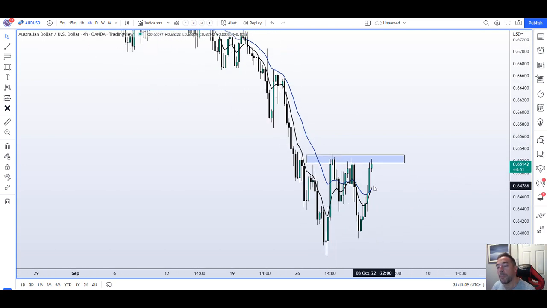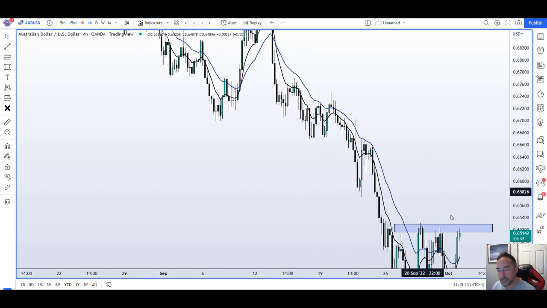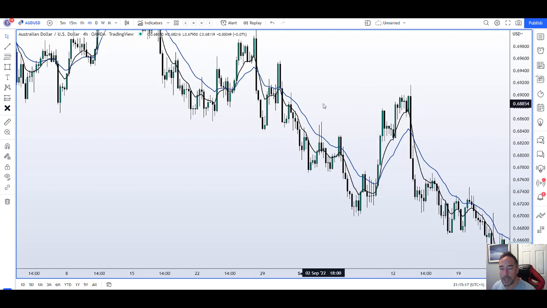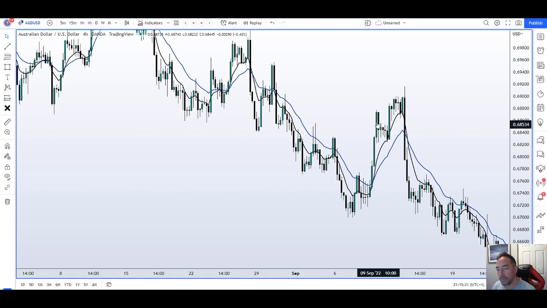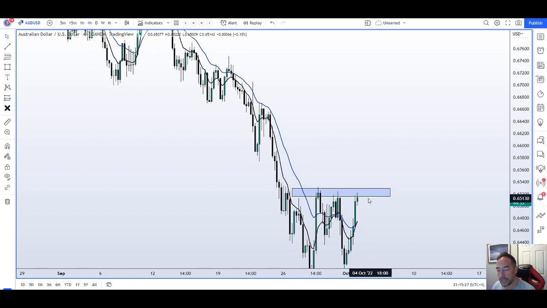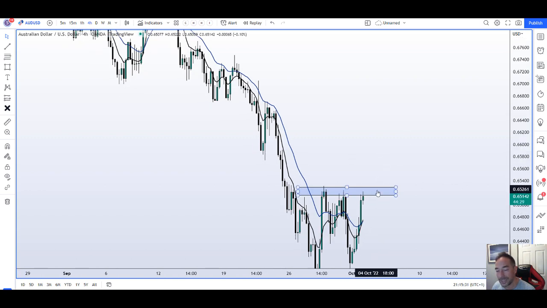I want to see them open up more. If I was looking to buy, I'd want the moving averages in a bullish order, so the 8 above the 20, and I'd like price to come back into the 20 moving average.